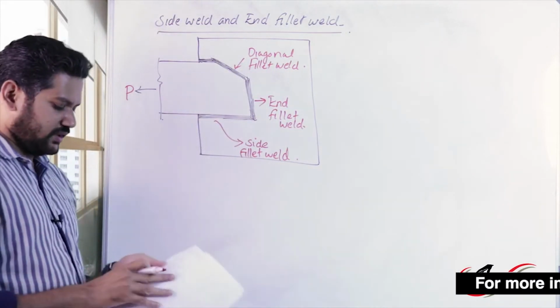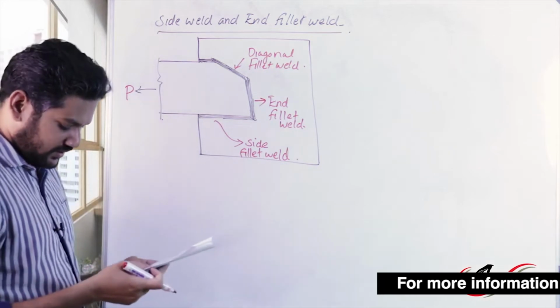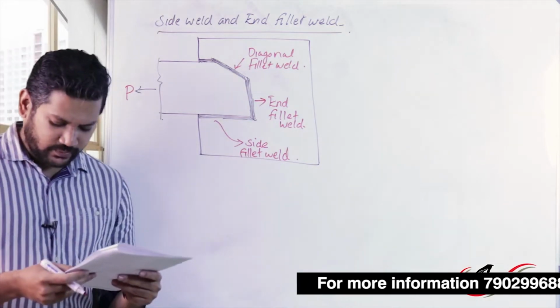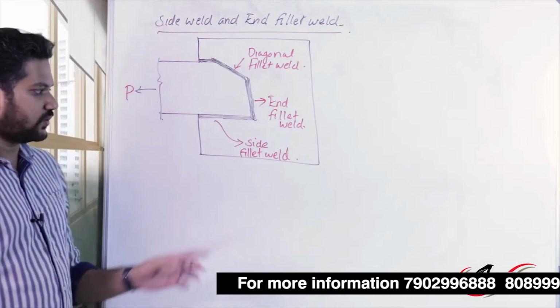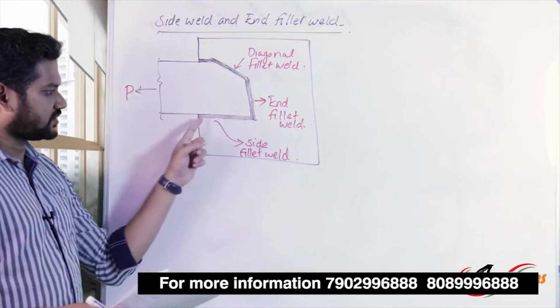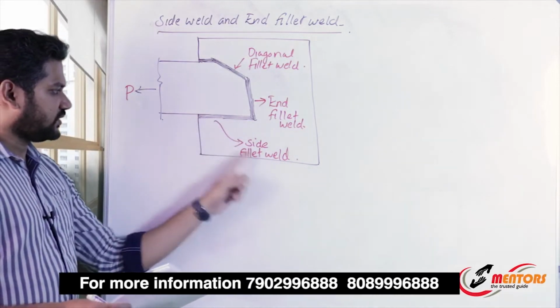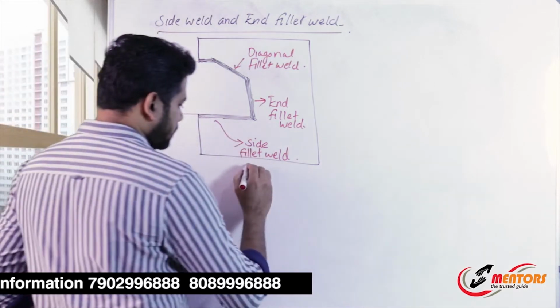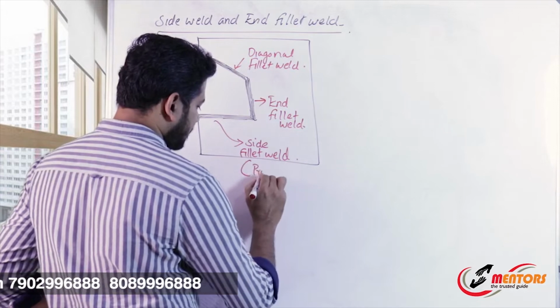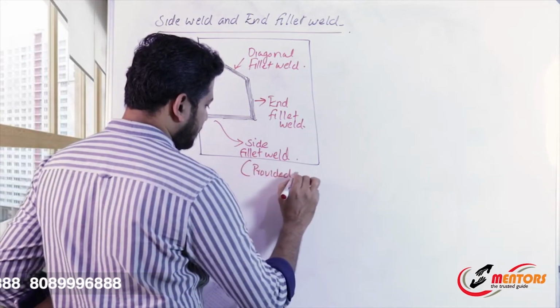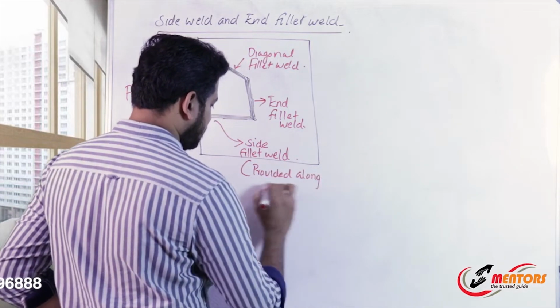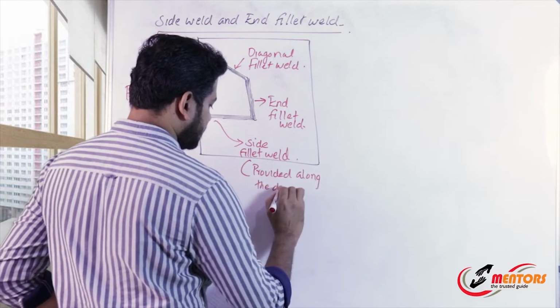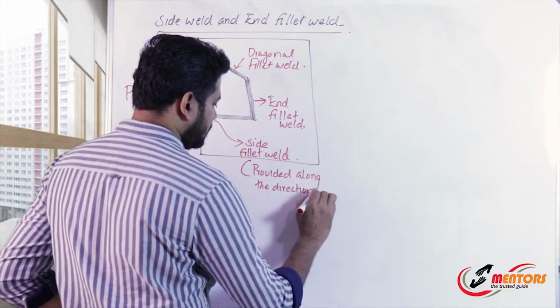What is the side fillet weld? Here the welding is provided along the direction of load. From the figure itself it is very clear that the side fillet weld is provided along the direction of load.